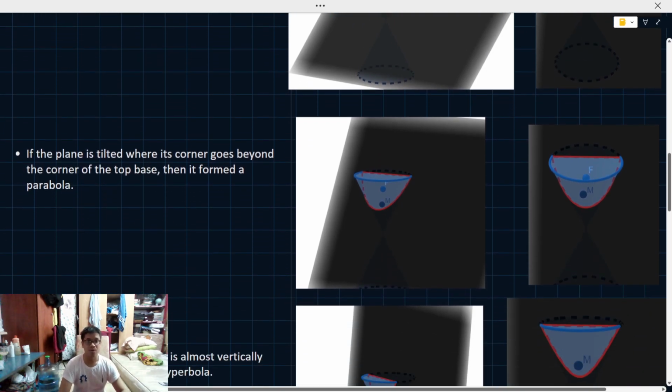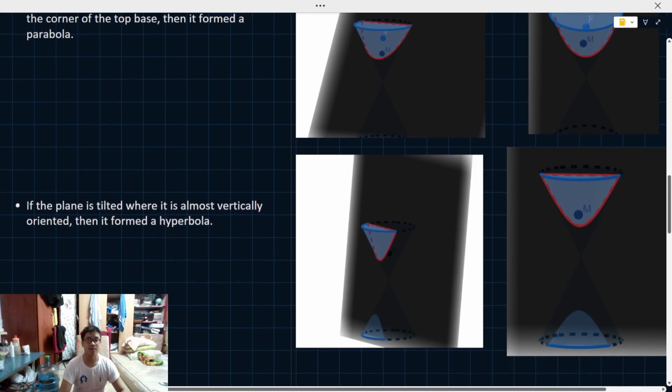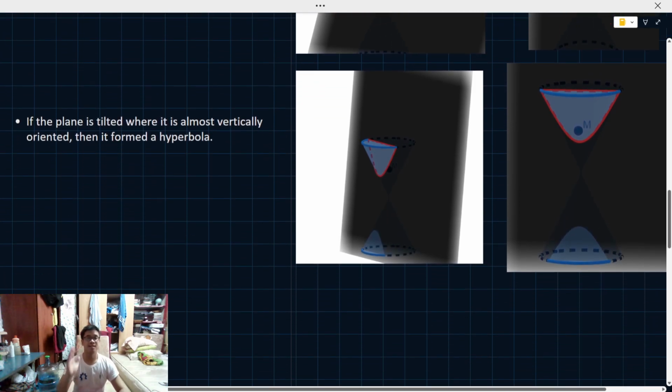Then here, if the plane is tilted where its corner goes beyond the corner of the top base, then it forms a parabola. And lastly, if the plane is tilted where it is almost vertically oriented, then it forms a hyperbola.